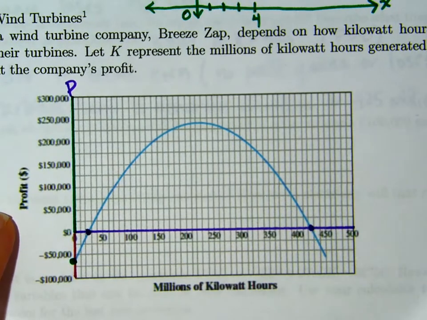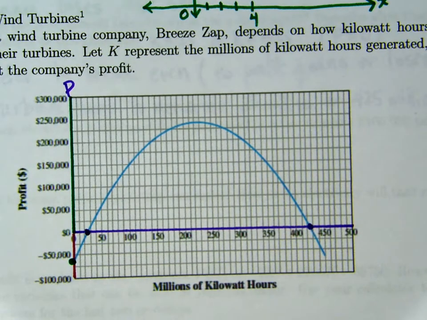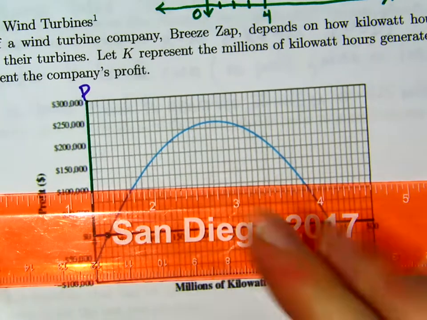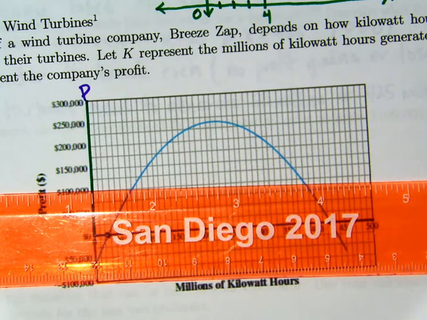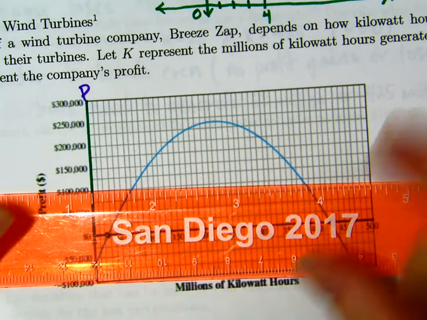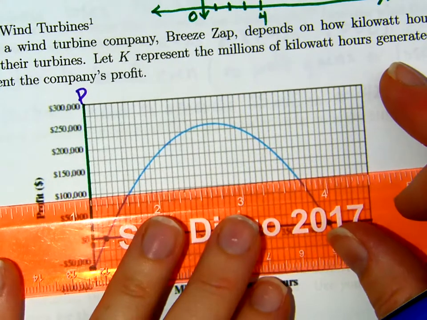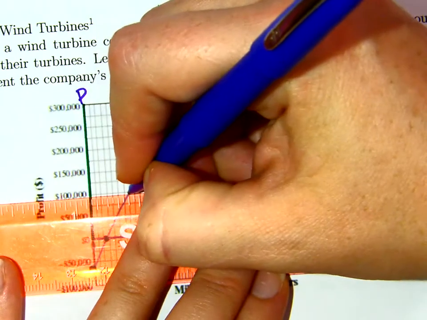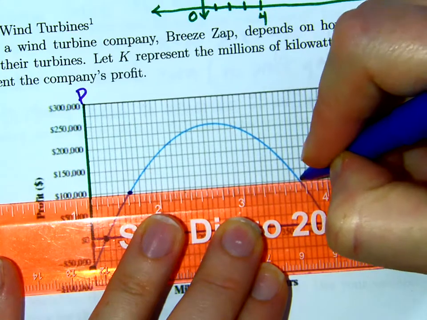So, 100 grand. You know what? I'm going to use blue. There is the 100 grand line. Okay, right there. And about right there.